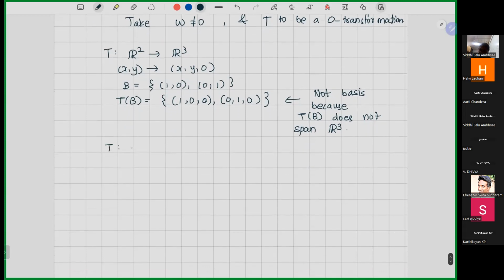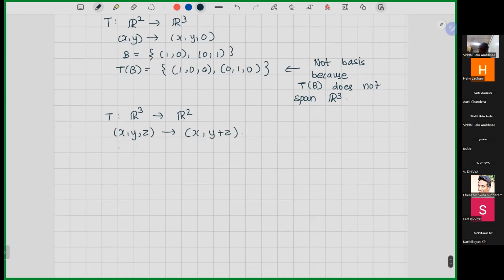Once again, I would like to give this example as well, R3 to R2, (x, y, z) going to (x, y plus z). Then again I take the standard basis of R3: (1, 0, 0), (0, 1, 0), and (0, 0, 1).